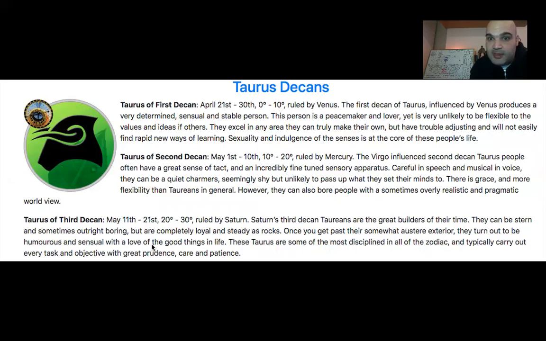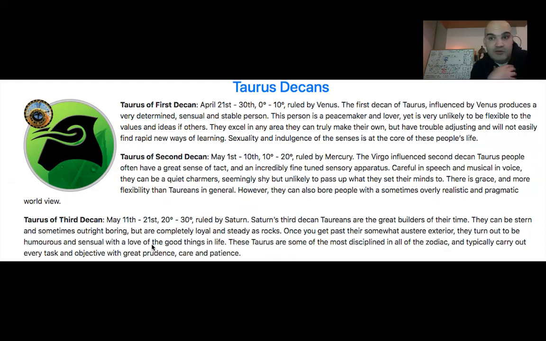This person is a peacemaker and a lover, yet is very unlikely to be flexible to the values and ideas of others. They excel in any area they can truly make their own, but have trouble adjusting and will not easily find rapid new ways of learning. Sexuality and indulgence of the senses is at the core of this person's life.